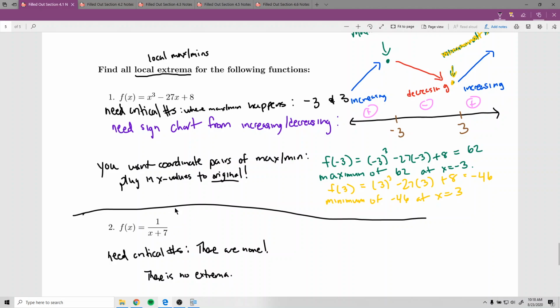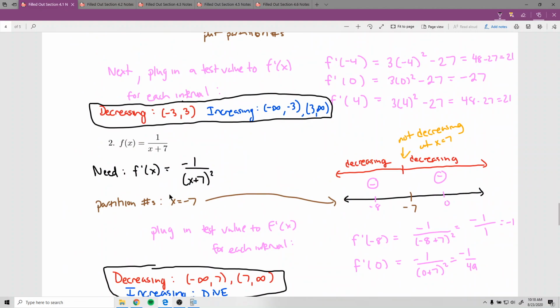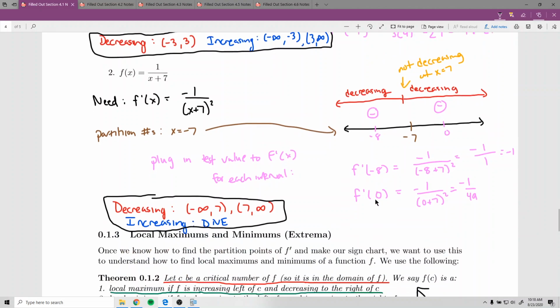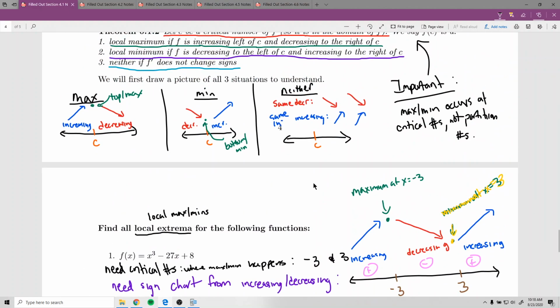Right, that negative 7, if you remember from before, was the partition number, but not a critical number. The fact that it's going from decreasing to decreasing, so it's the same, isn't as important as the fact that it is not a critical number. Right?